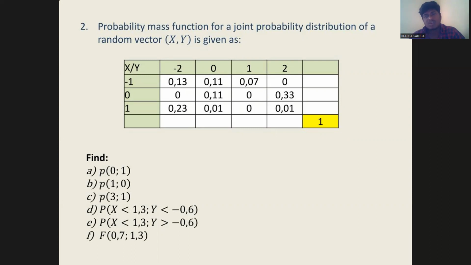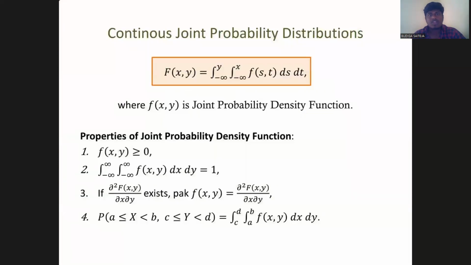A few more problems on finding the probability mass function for a joint probability distribution of random vectors (X, Y). Continuous joint probability distribution.